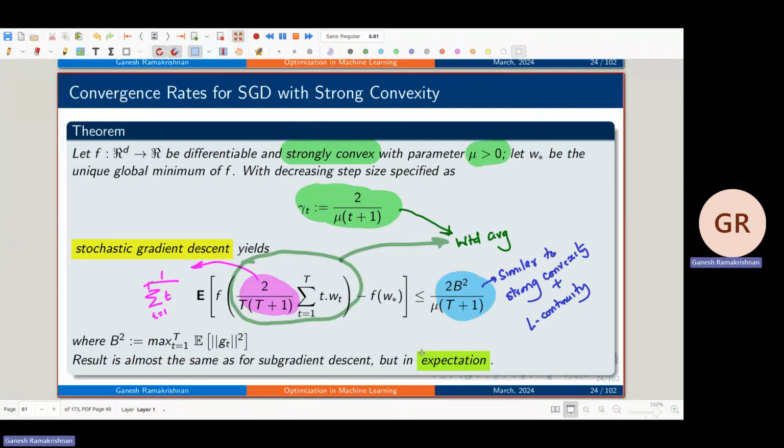Okay, there's some weighted average here. Mu t is 2 upon mu t plus 1. The right hand side looks similar to strong convexity plus Lipschitz continuity, but there is a bit of a caveat because you're also dealing with this particular weight, 2 upon t into t plus 1 under that scheme. So it may not have that advantage always.